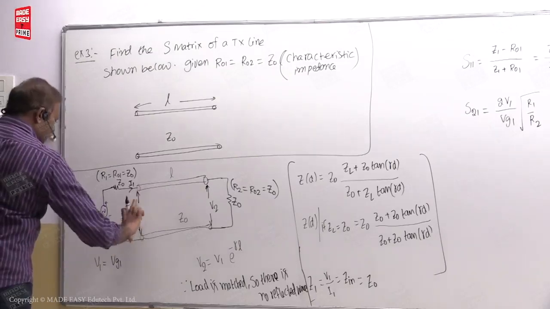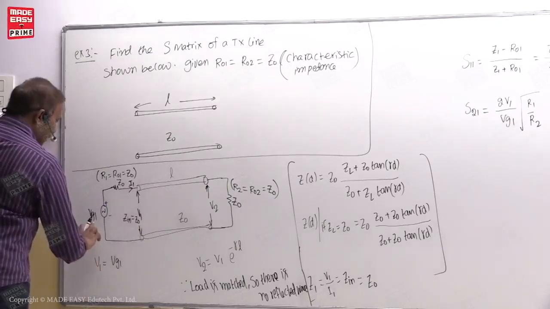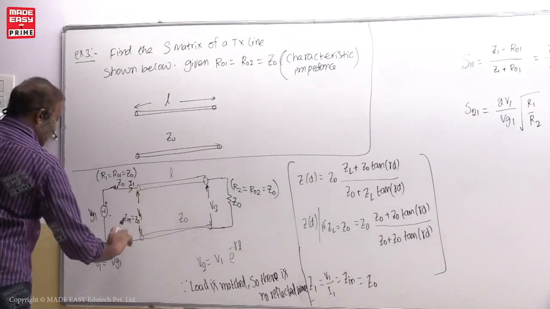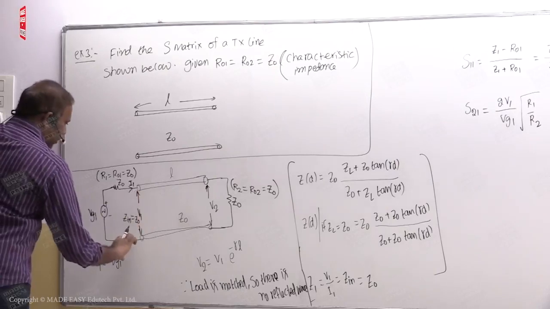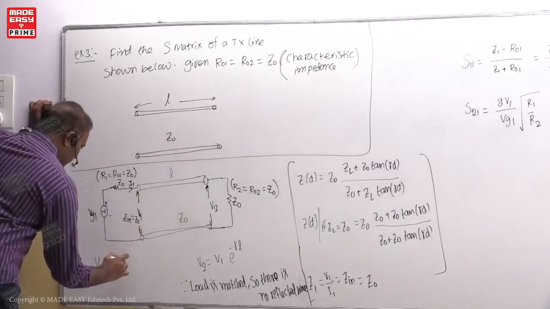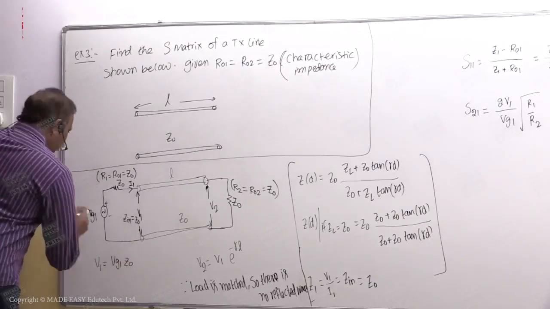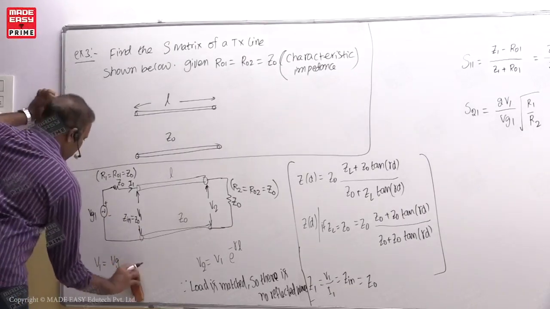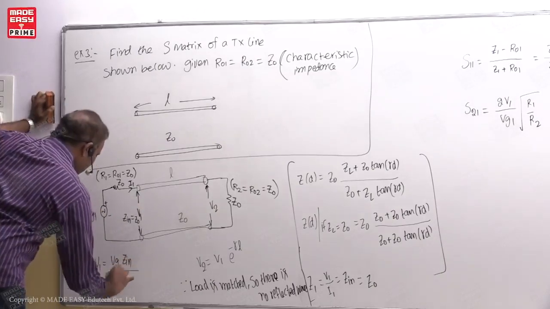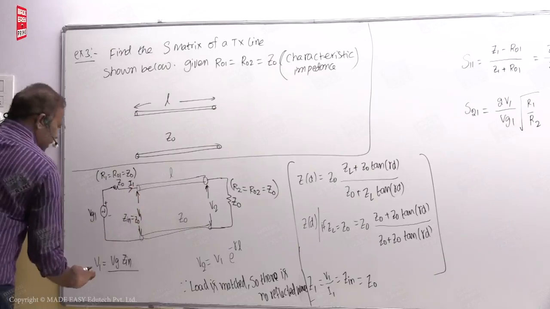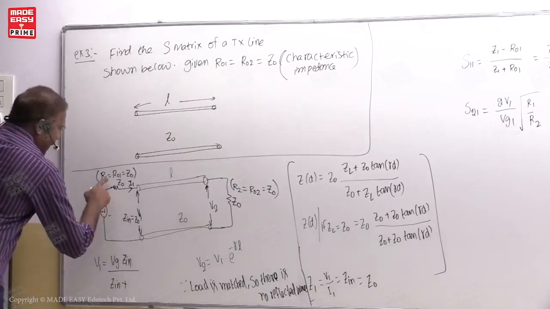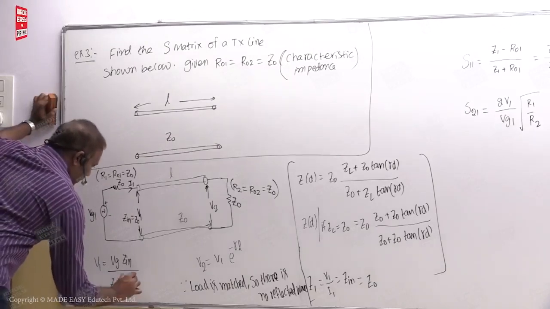So here, by network theory, V1 is equal to VG1 into the impedance here, that is Z0. I will write one more step so that you will not be confused. Zin, because this V1 is voltage across Zin divided by Zin plus this Zs, Z0.